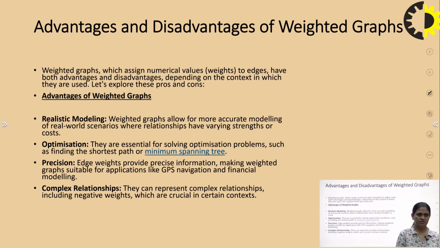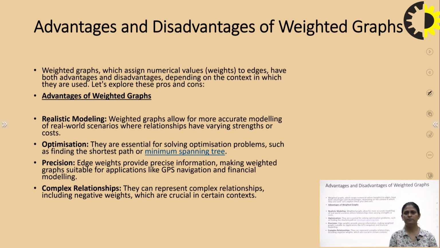First, realistic modeling. Weighted graphs allow for more accurate modeling of real-world scenarios where relationships have varying strength or cost. Optimization. They are essential for solving optimization problems such as finding the shortest path or minimum spanning tree.